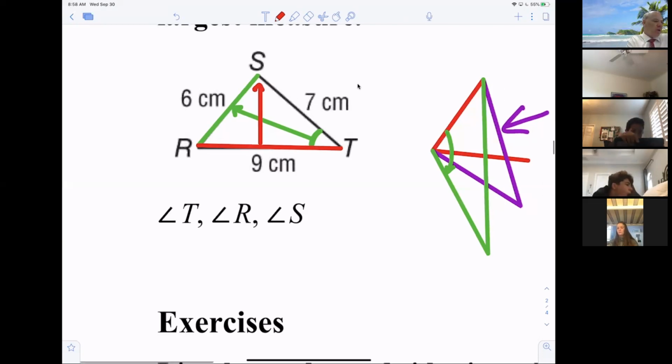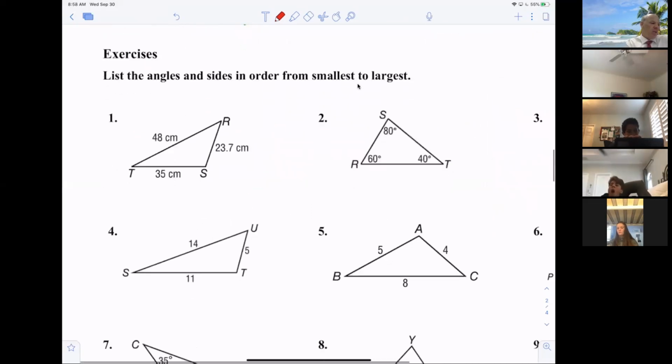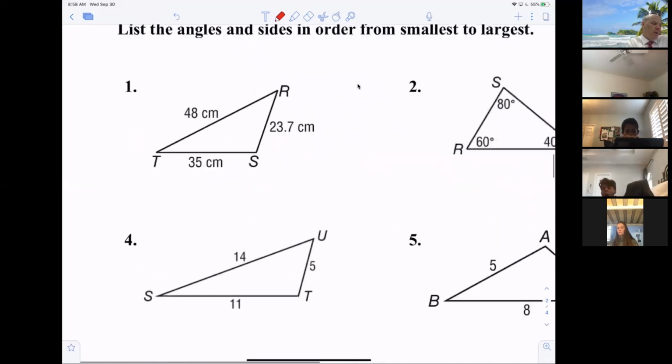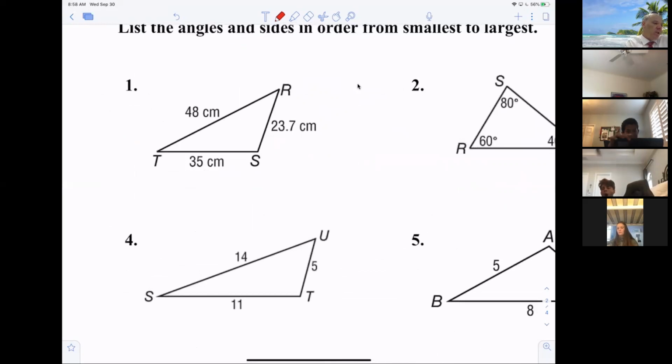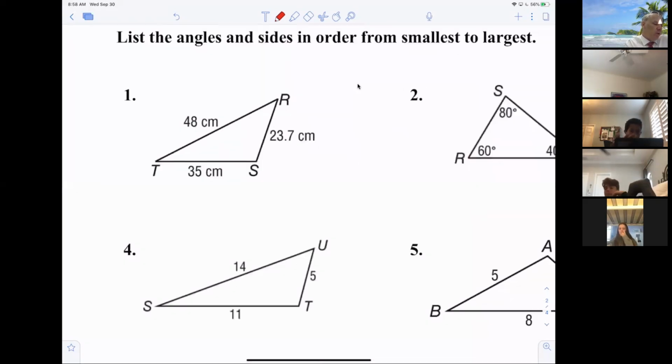All right, so now with that information, let's look here at number 1. So what would be the largest? List the angles from small to large. So the smallest would be what? Angle T. And then what? Angle R. And then what? Yeah, again, guys, super duper easy.